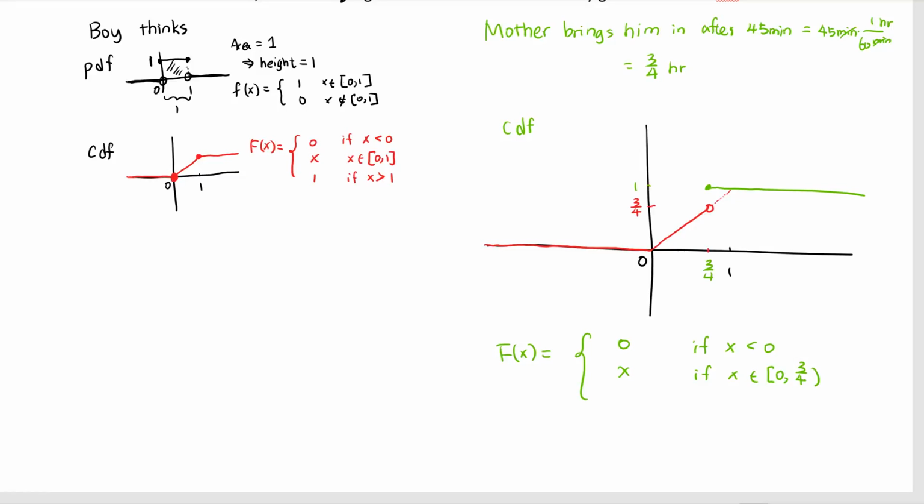And it is 1 when the boy has to be at home, that is when x is greater than or equal to 3 over 4. Yes, that is because of the mother bringing him in.